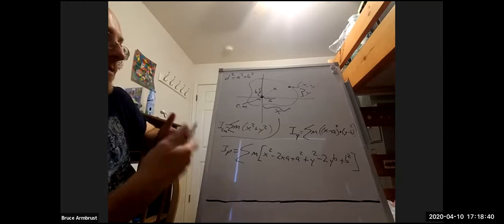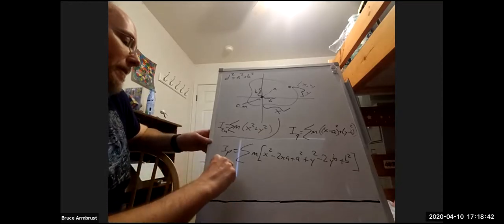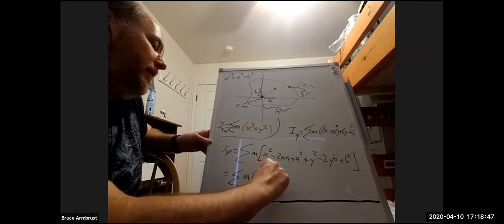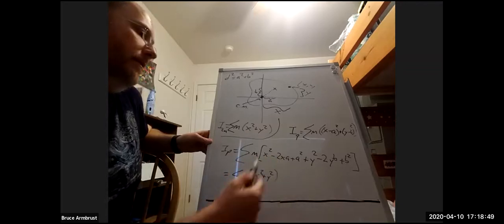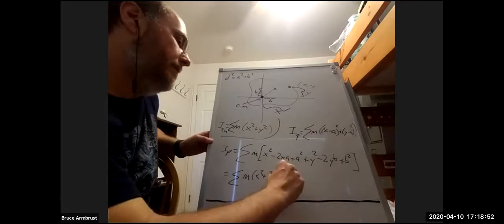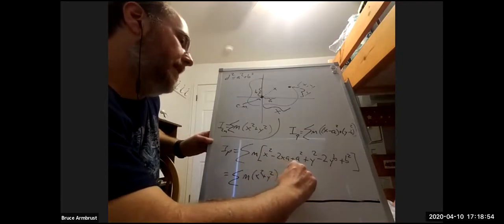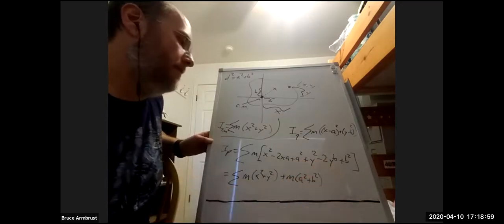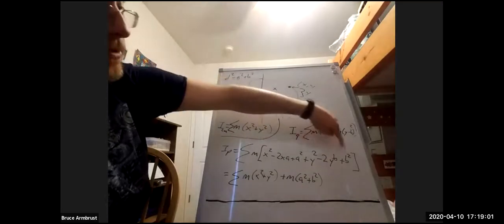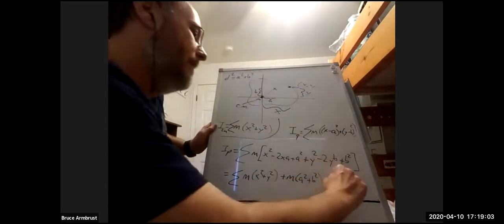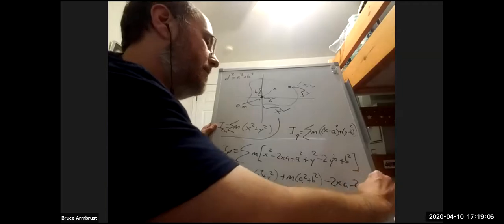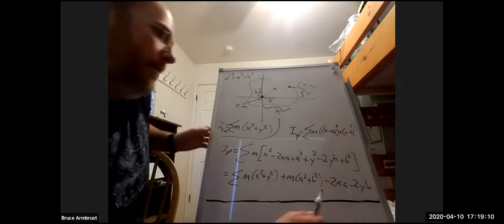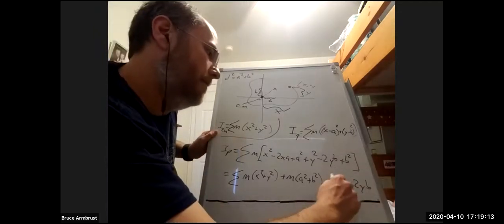And now I'm going to group them so that we get m times x squared plus y squared, and then plus m times a squared plus b squared. So that's all the squared terms. And then we have minus 2xa minus 2yb, and there's an m times both of those.